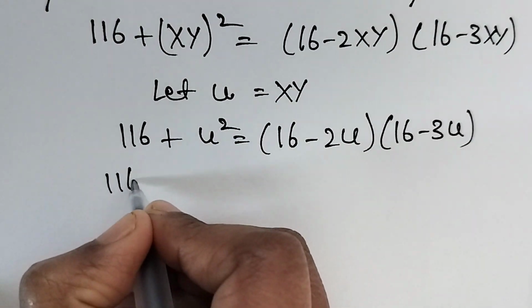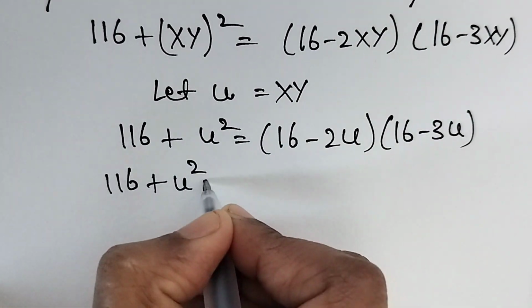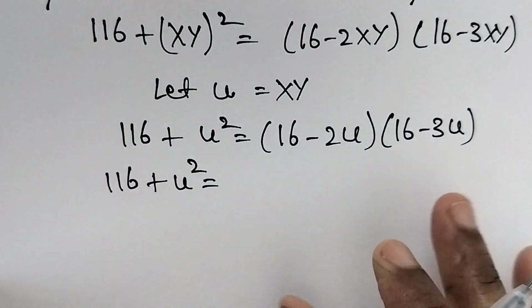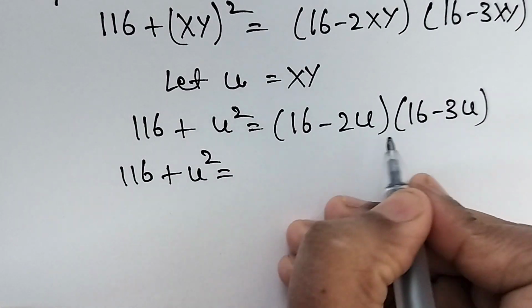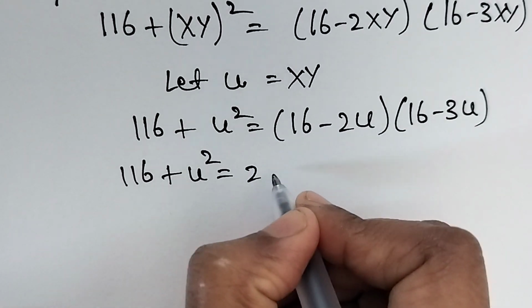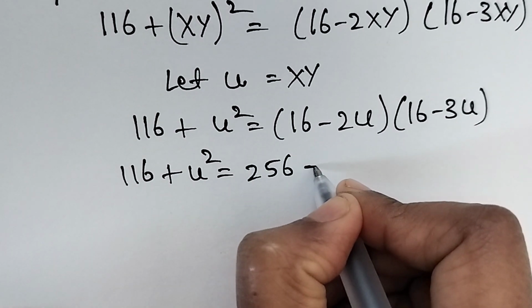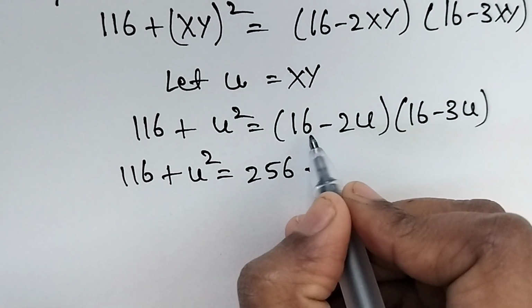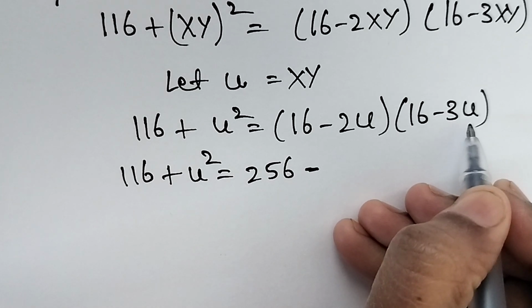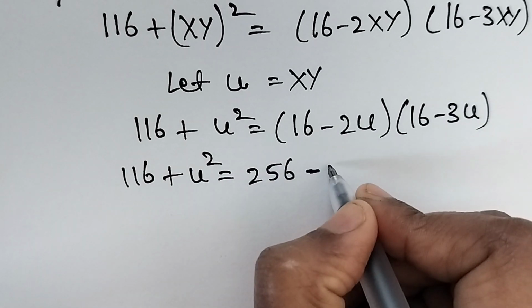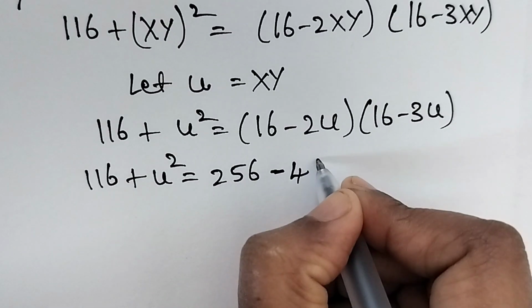So 116 plus u square is equal to, now multiply these two terms. So 16 times 16, which is equal to 256, minus 16 times 3u, which is equal to 48u.